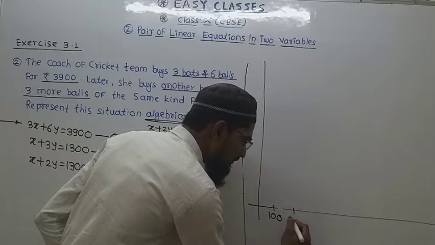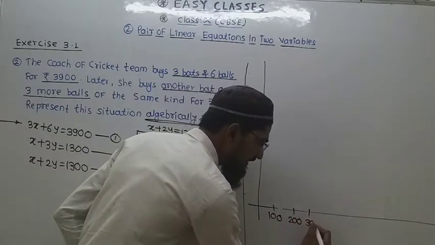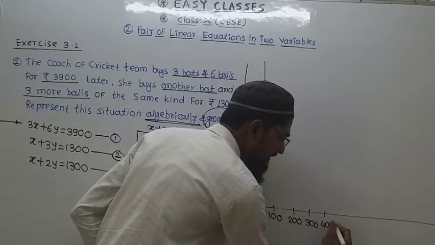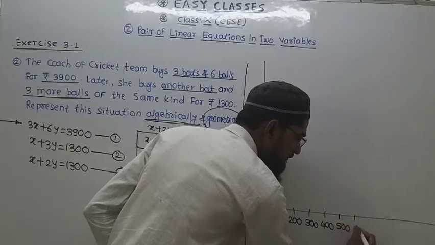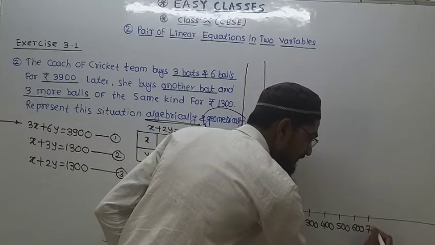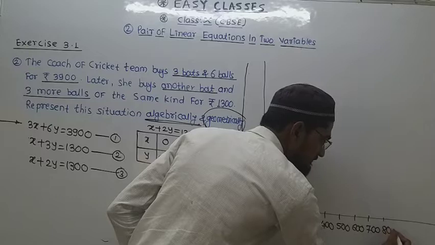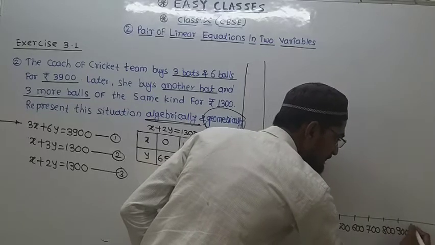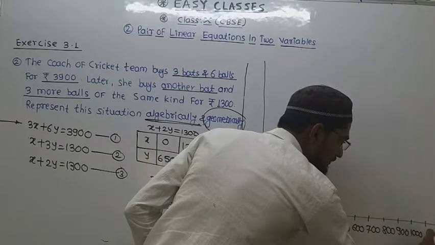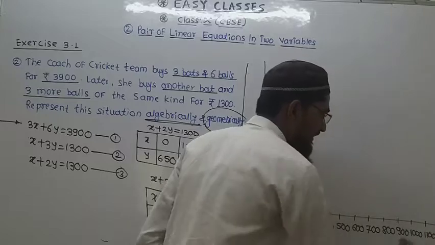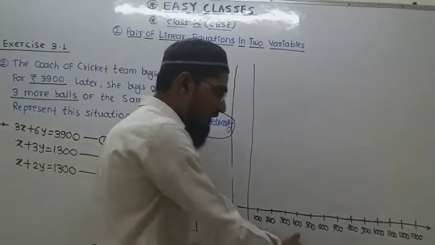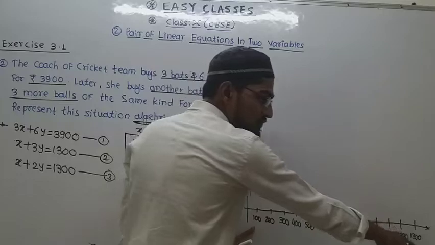So 100, 200, 300, 400, 500, 600, 700, 800, 900, 1000, 1100. Okay, we have drawn from 100 to 1300.